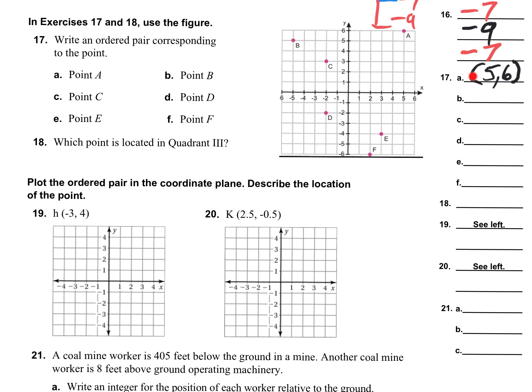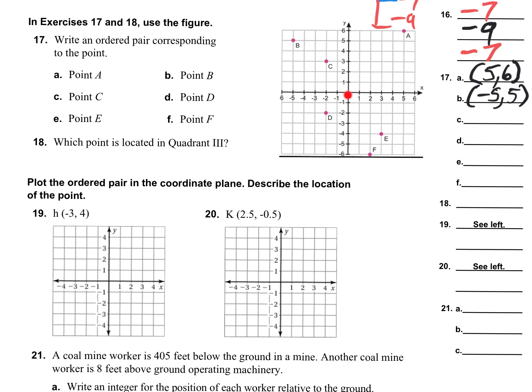You should be writing it in the right-hand column. Okay, now let's do B. For B, I start at the origin, and I go backwards 5, negative 5, and up 5. So that would give me the ordered pair of negative 5 and then up positive 5.